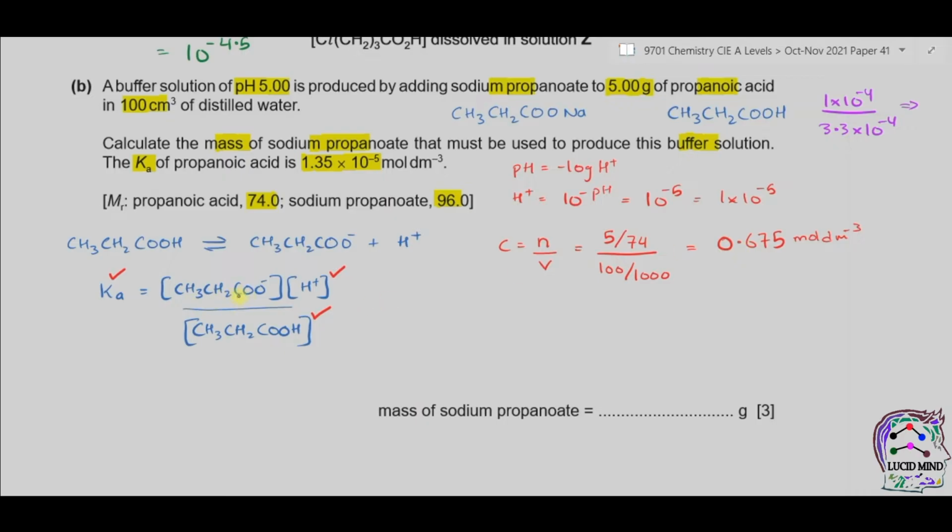So now we have the value for this. Let's find the value for the concentration of propanoate ions. We can rearrange this equation: CH3CH2COO⁻ will be equal to Ka multiplied by the concentration of acid divided by the concentration of H⁺ ions. Now putting values, Ka is given, it is 1.35 × 10⁻⁵.